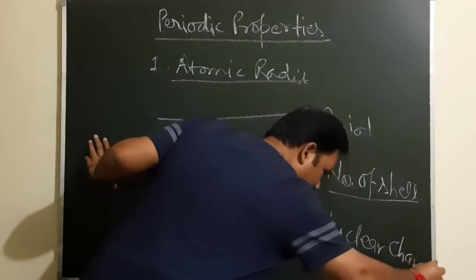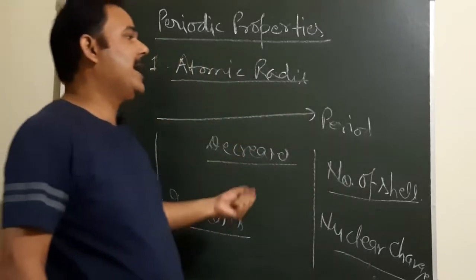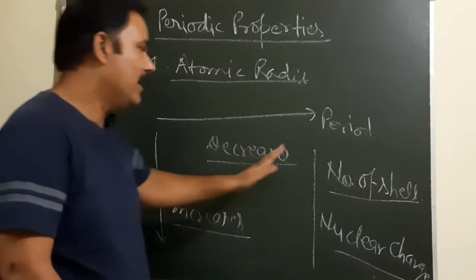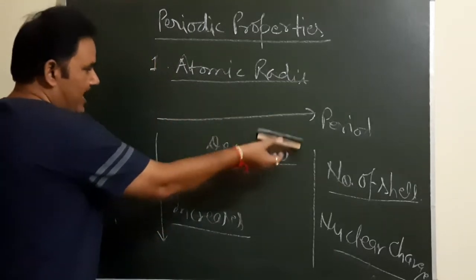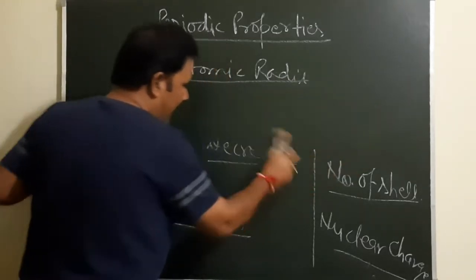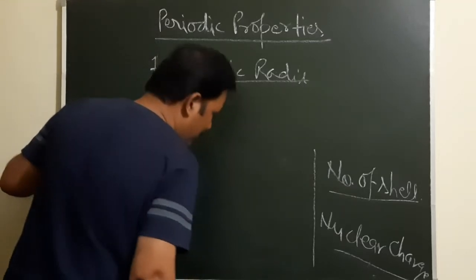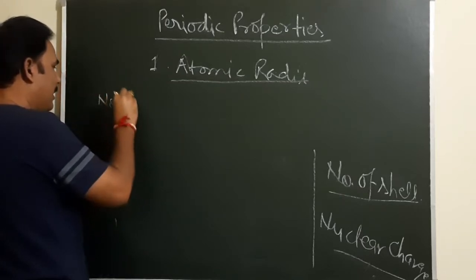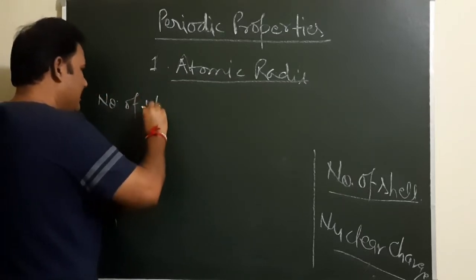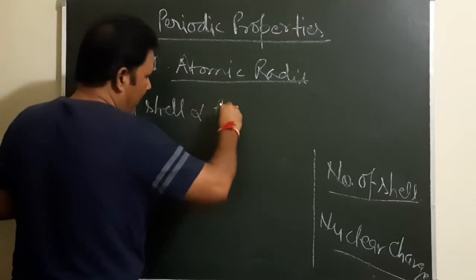On the basis of these two factors, we can say atomic radii increases or decreases. I have told that it is decreasing in the period and increasing in the group. Why? What is the cause behind it? So the number of shells is directly proportional to atomic radii.